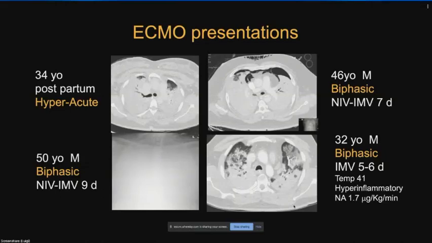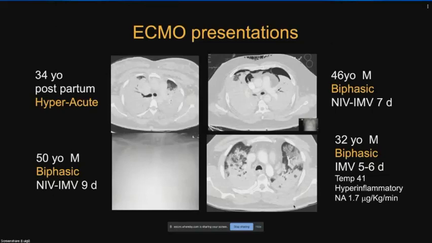The other three actually presented as a biphasic or delayed response. They are either 50, 46, or 32 years old. Biphasic in a way that they received non-invasive ventilation first for 2-3 days, then were intubated, some of them quite promptly, without any adverse events, but then remained ventilated for several days, sometimes 5 days.